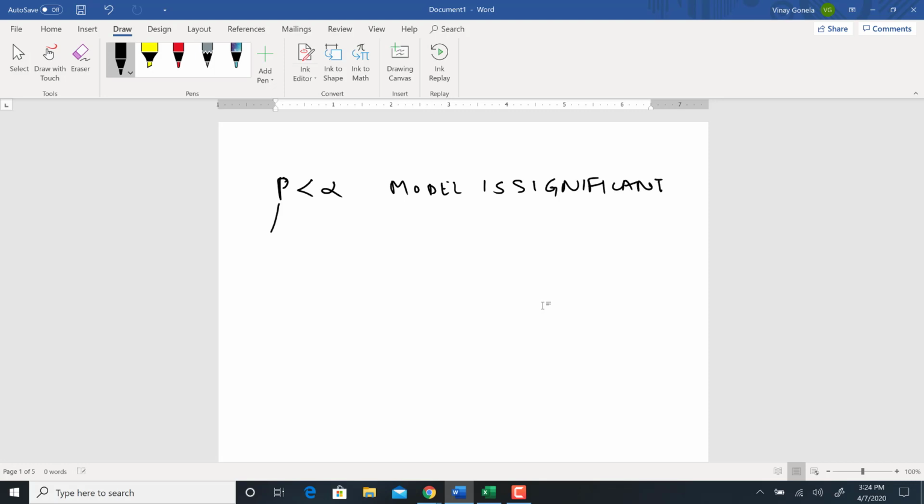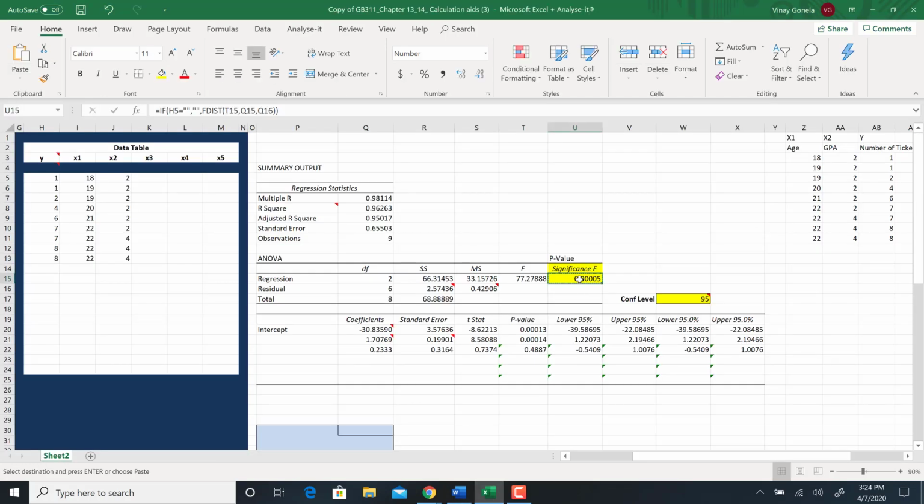This p-value is the significance F, which you will see in the ANOVA table. In our case, the p-value we got here is 0.00005. I will highlight it again with a different color. So that is our p-value.